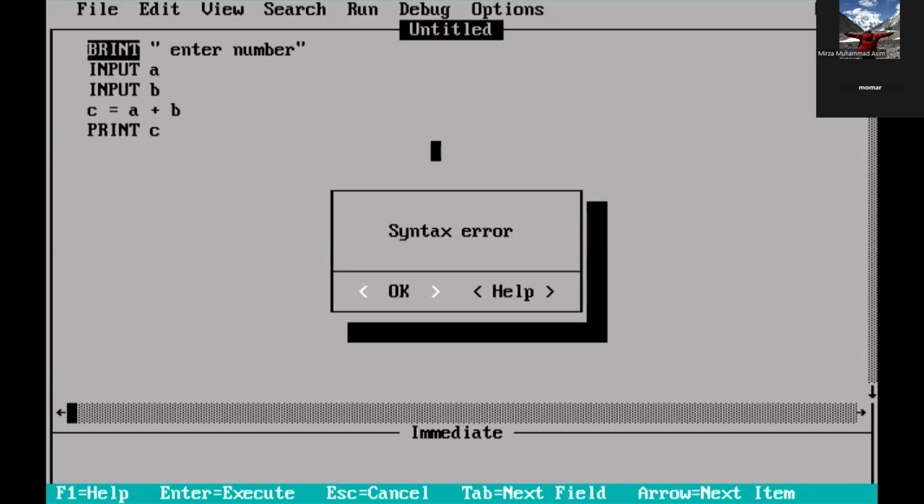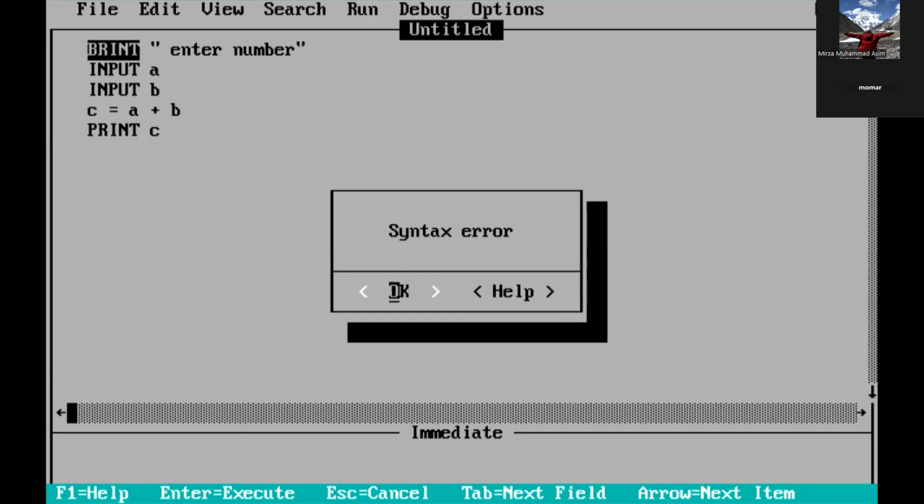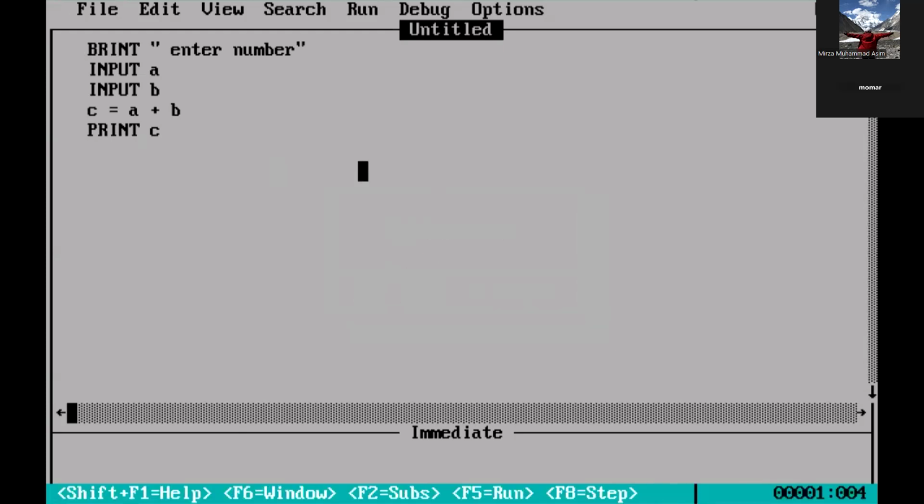Umar, you see? Let me run it again. So it means the interpreter interprets the program code line by line. Print is fine now; let me make a mistake over here: INPUU.